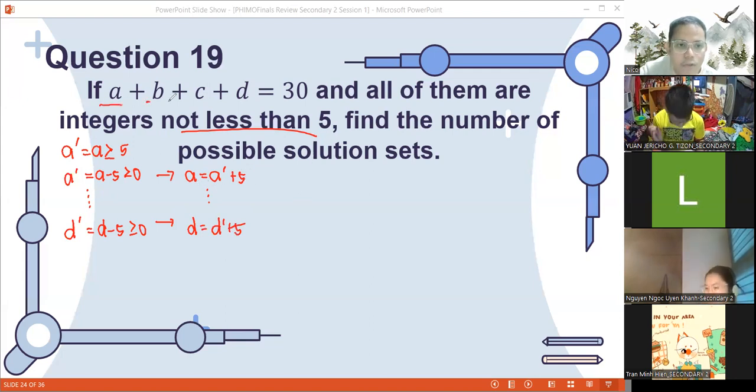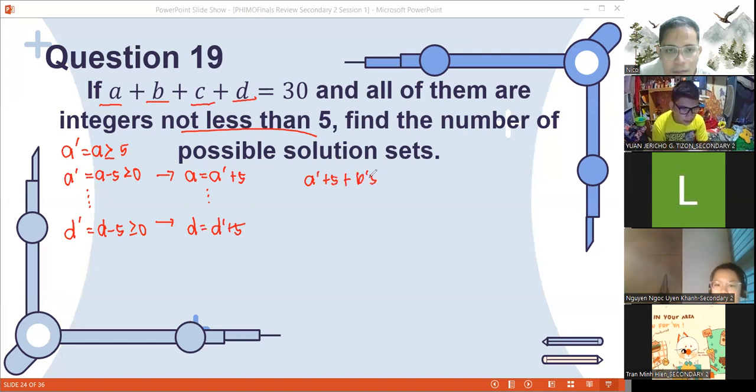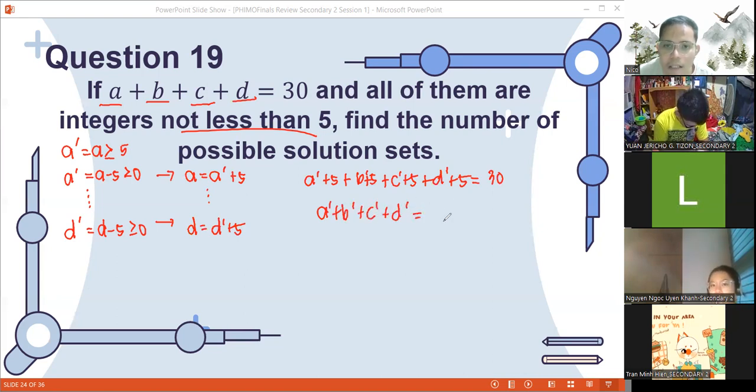So we need to get the new value of A plus B plus C plus D. So we have A prime plus 5, B prime plus 5, C prime plus 5, and D prime plus 5 is equal to 30. So A prime plus B prime plus C prime plus D prime is equal to 10, right?